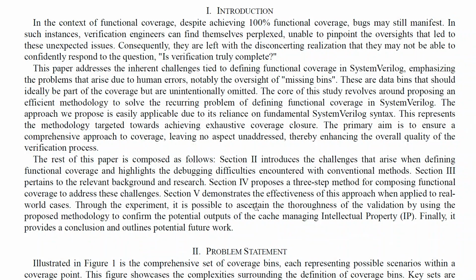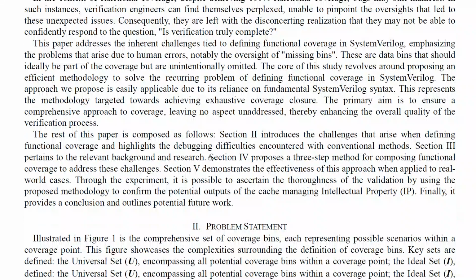Section 5 demonstrates the effectiveness of this approach when applied to real-world cases. Through the experiment, it is possible to ascertain the thoroughness of the validation by using the proposed methodology to confirm the potential outputs of the cache managing intellectual property, IP. Finally, it provides a conclusion and outlines potential future work.